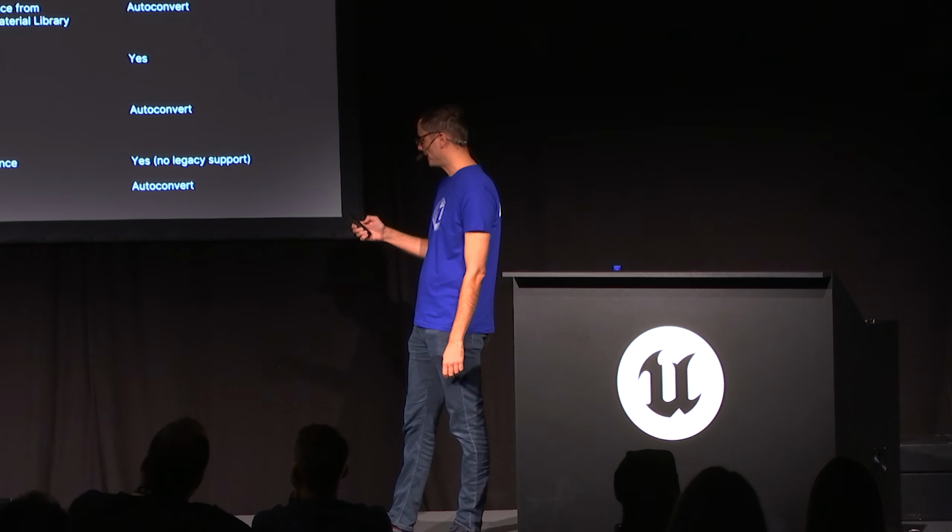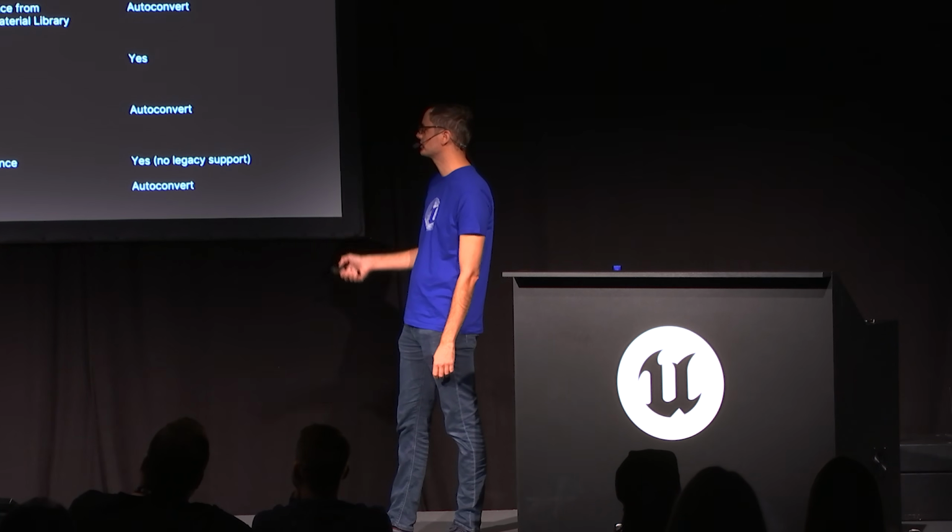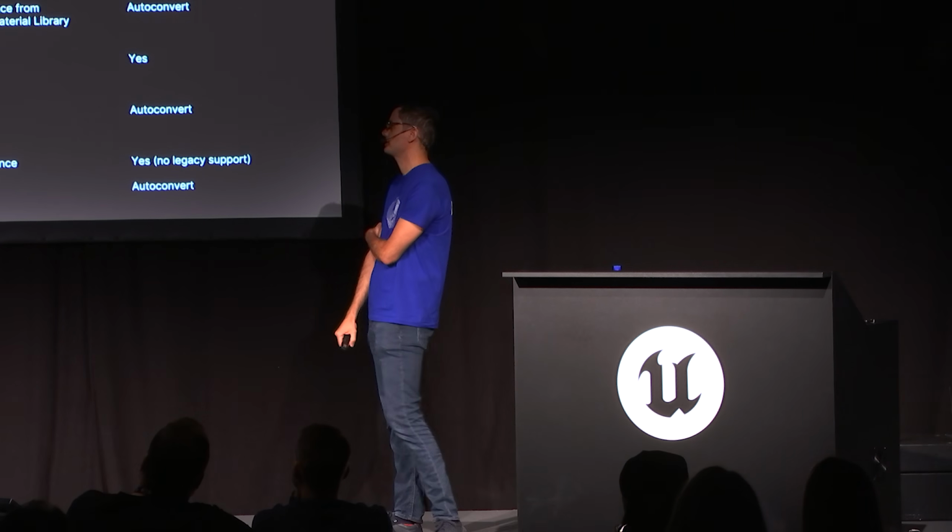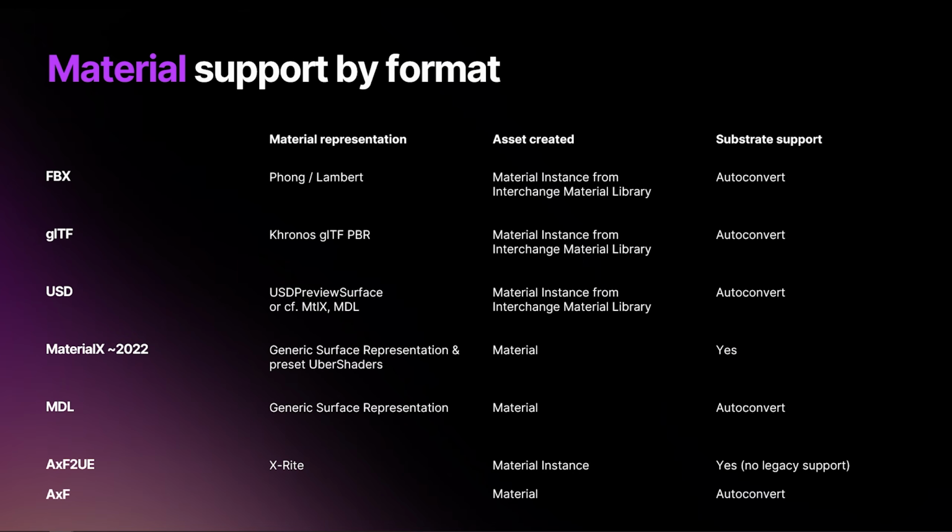I want to point out also the MaterialX file format that we support in the engine since 2022. This format allows you to describe surface representations. It comes with generic nodes to define surfaces, or you also have preset Uber shaders like OpenPBR that can be represented with MaterialX.